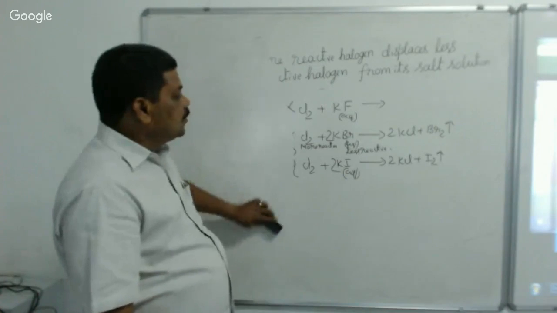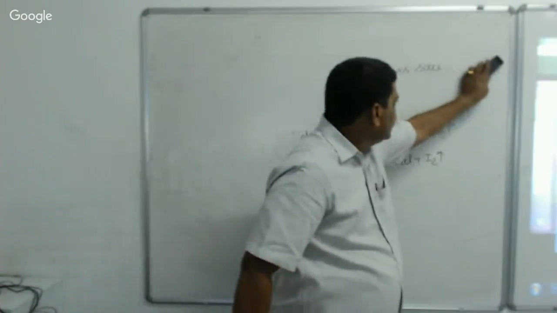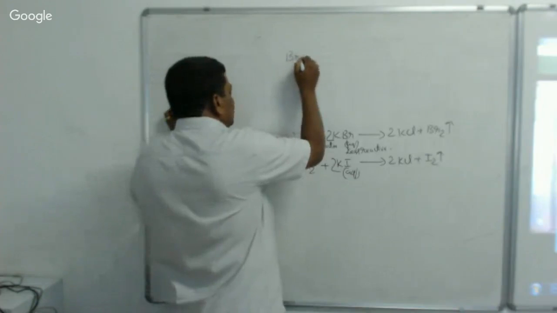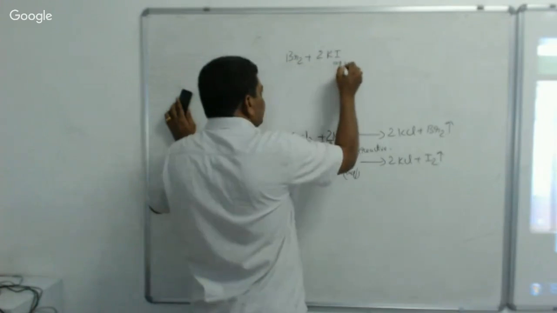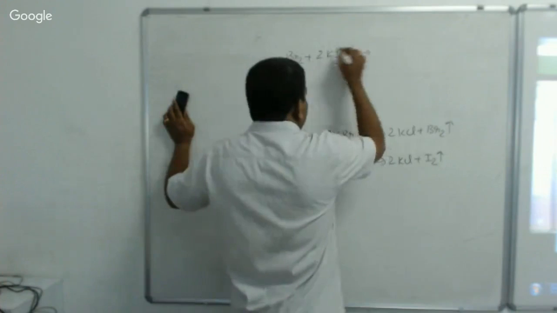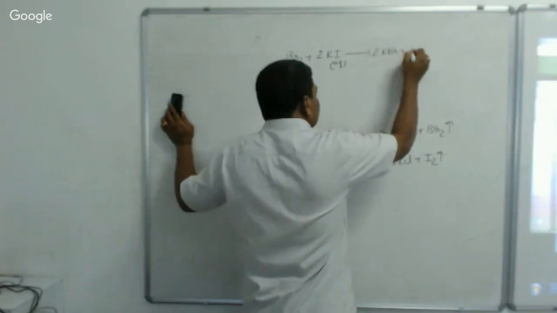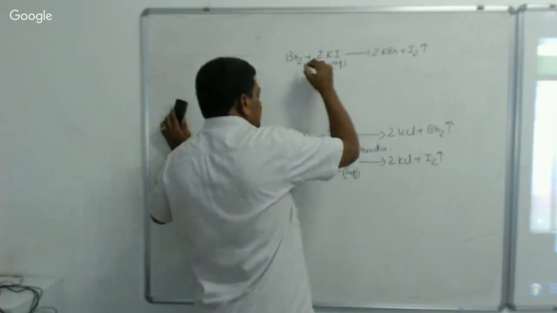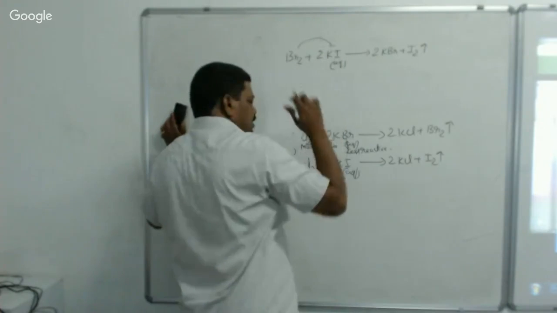Suppose if you write similar reaction for bromine, bromine can only displace iodine from its aqueous salt solution, because bromine when compared to iodine is more reactive.